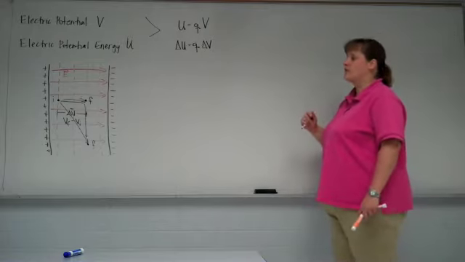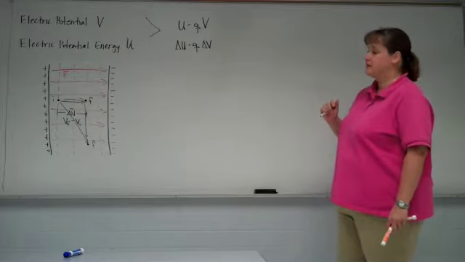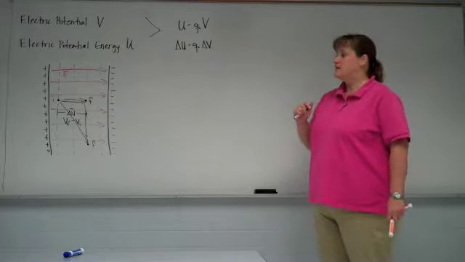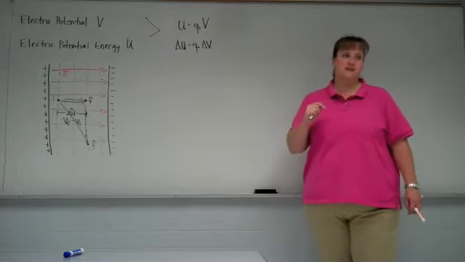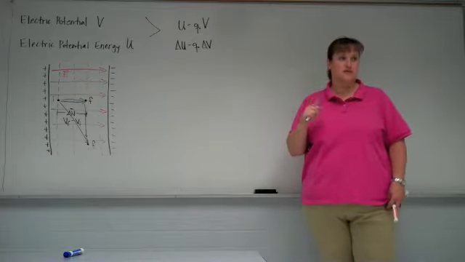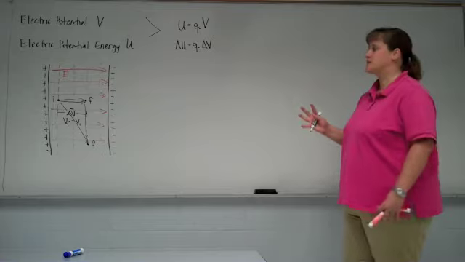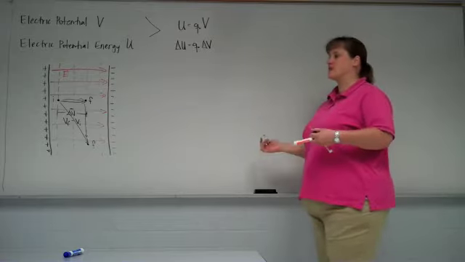So something that would be kind of handy would be to have a relationship between delta V and the electric field. The two are related. They're not equal to each other, but they are related. You don't find one without the other.